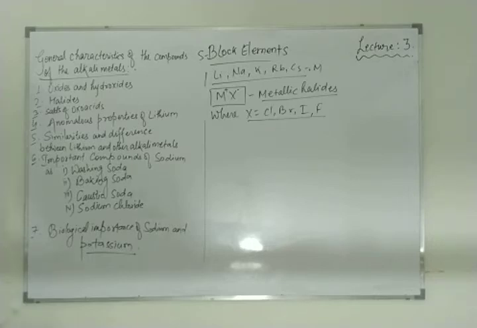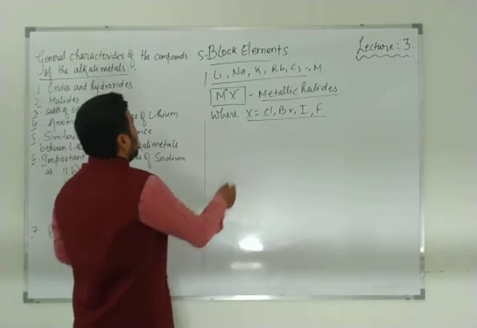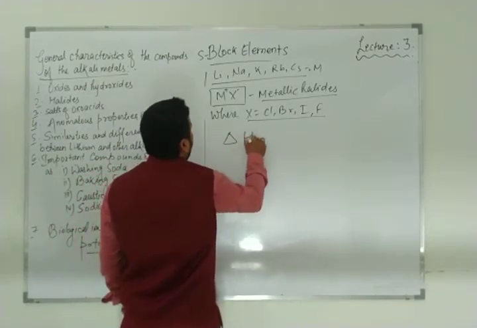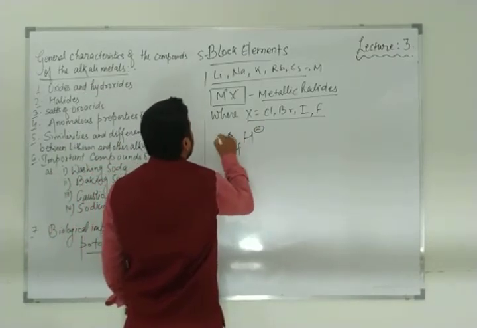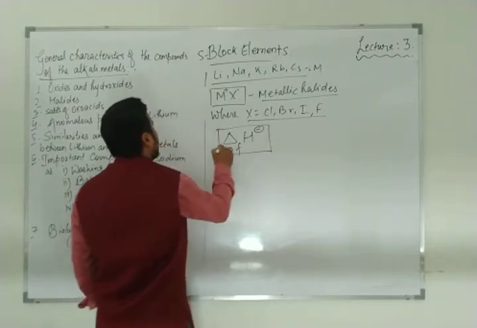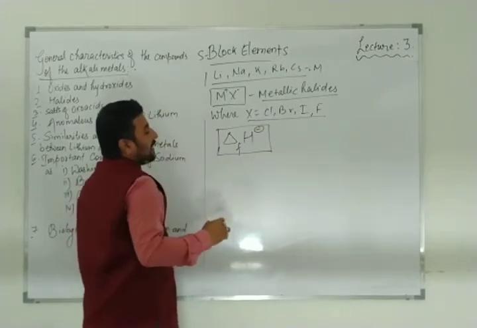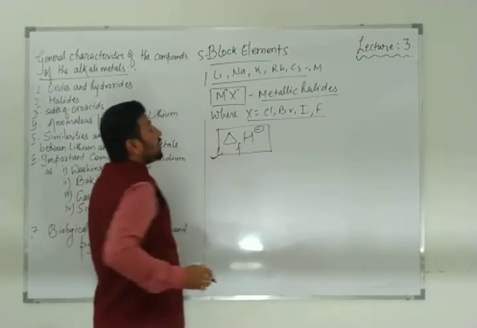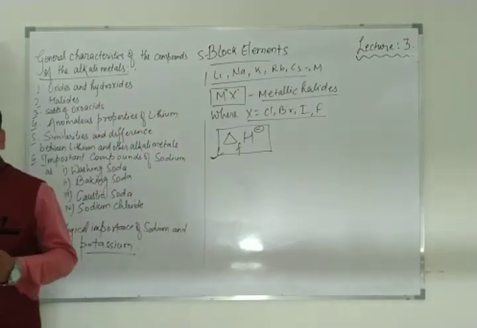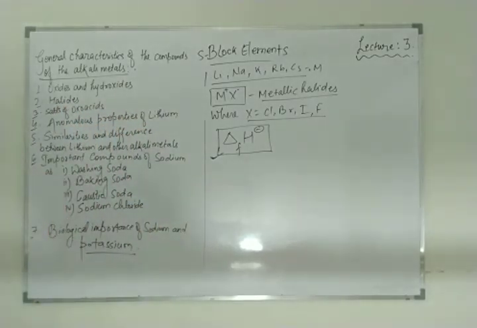So the maximum delta HF, this is the standard enthalpy of formation, and this thing we have discussed in the thermodynamics chapter, if you remember, right? So this delta HF is the standard enthalpy of formation.